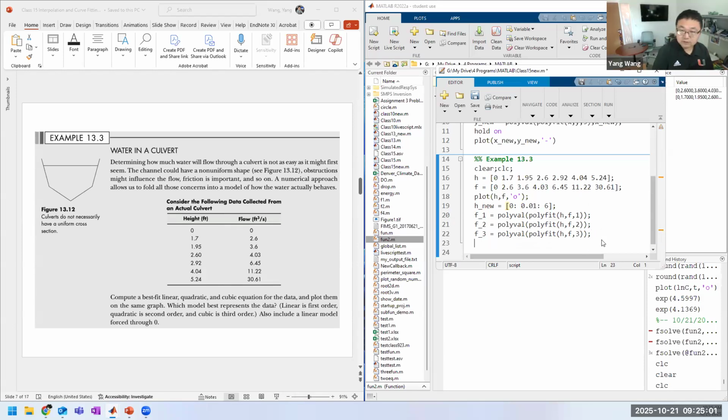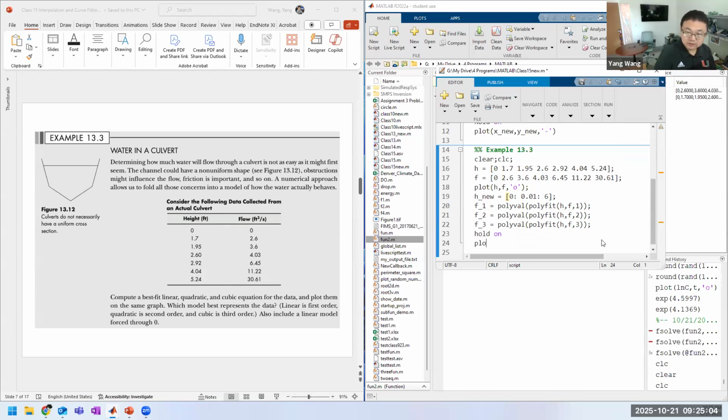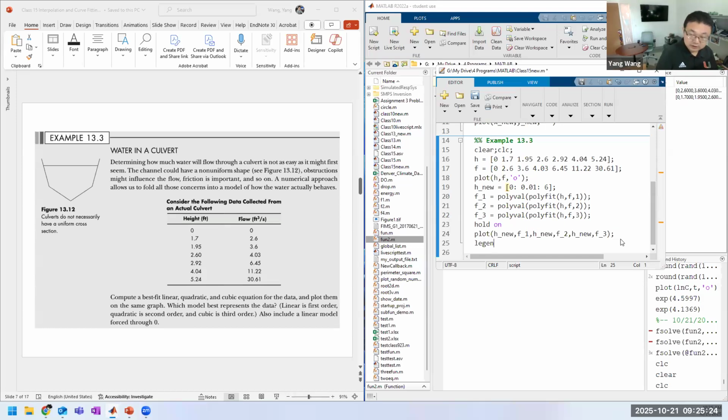Then we can do hold on, plot h new, f1, 2, 3. These are the different curves. Then we can do legend: data, this is the original data, first order, second order, and third order.